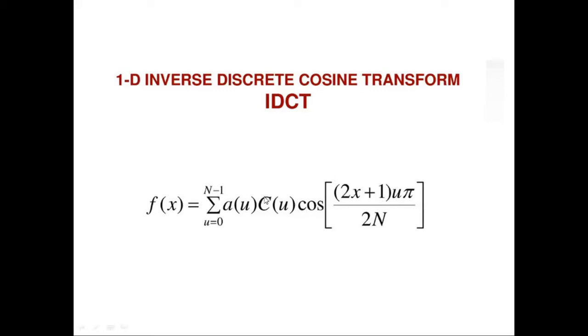The computed DCT coefficients are multiplied by the inverse kernel function and we take the summation from u equal to 0 to N minus 1. Alpha of u is the normalization factor. So we are able to get back the original signal f of x, by multiplying the computed DCT values with the inverse kernel and summing over all the frequency points from u equal to 0 to N minus 1.